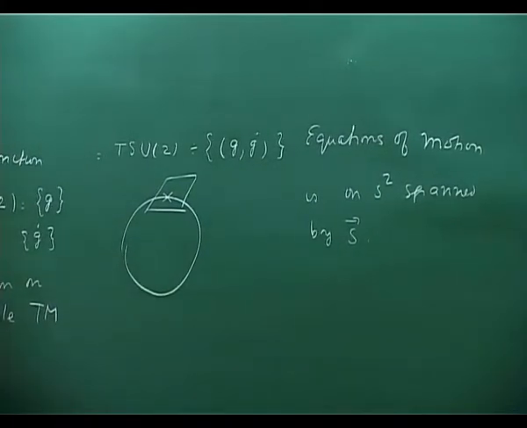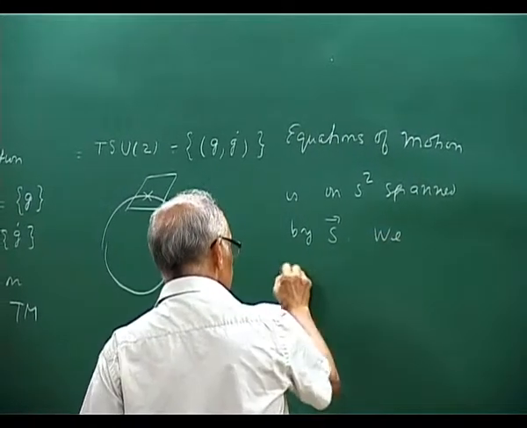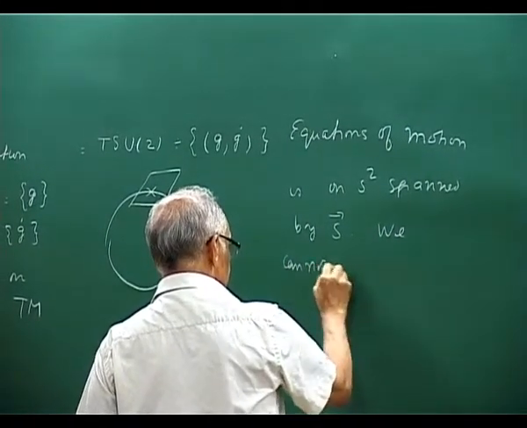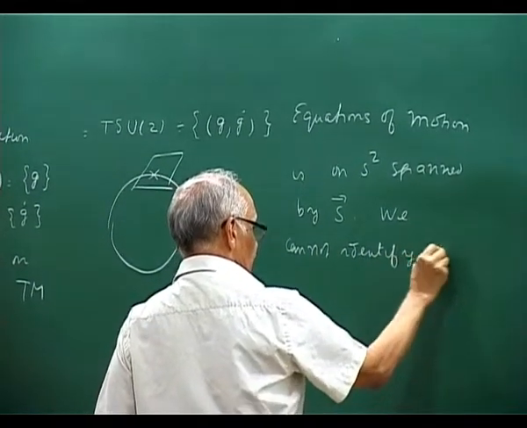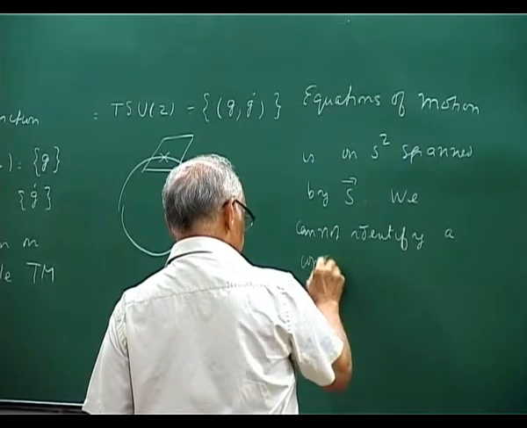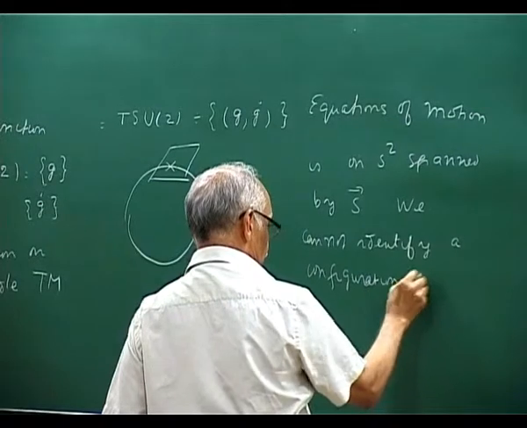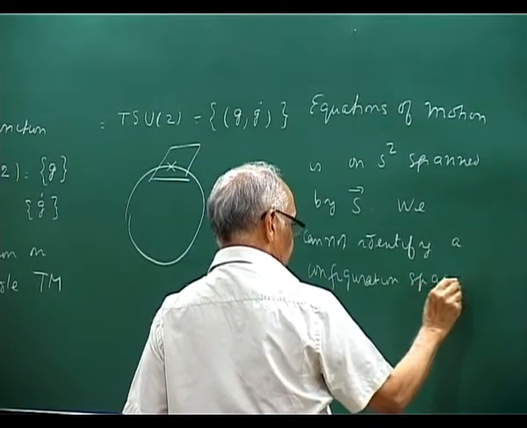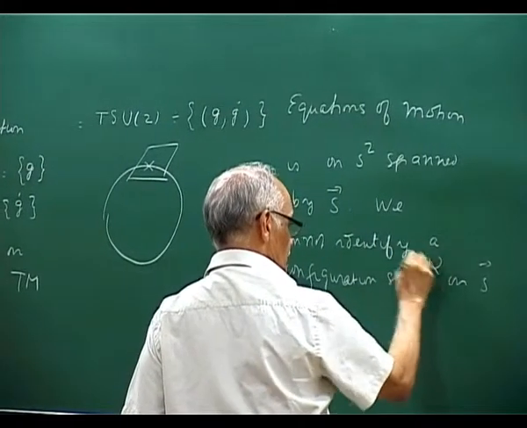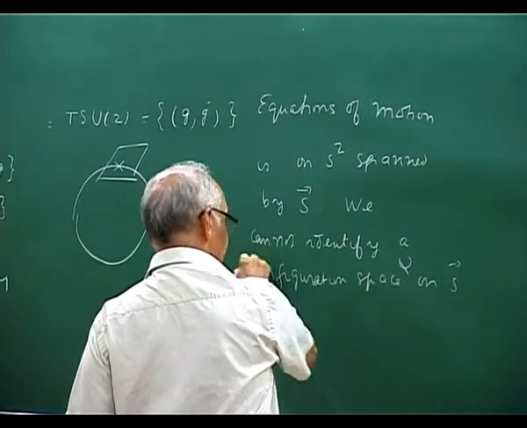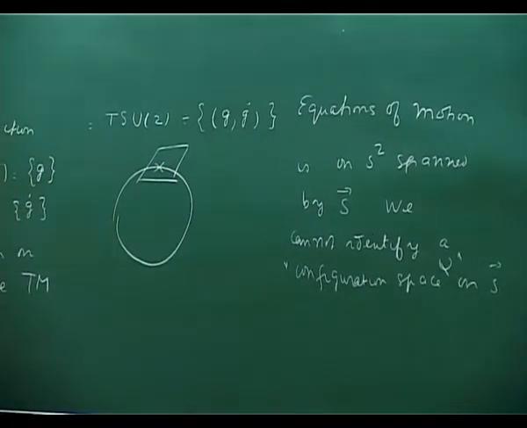That is, we cannot identify a configuration space on S². What we may call a classical configuration space. There is no natural way of finding a Q here.